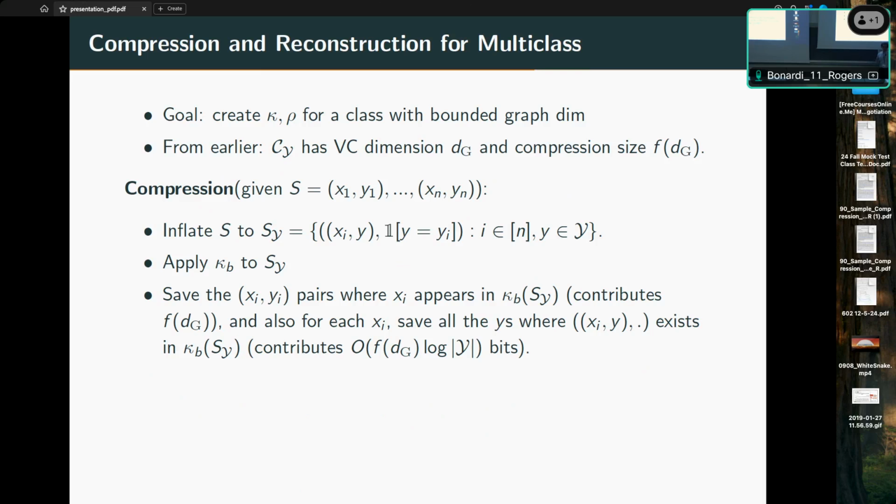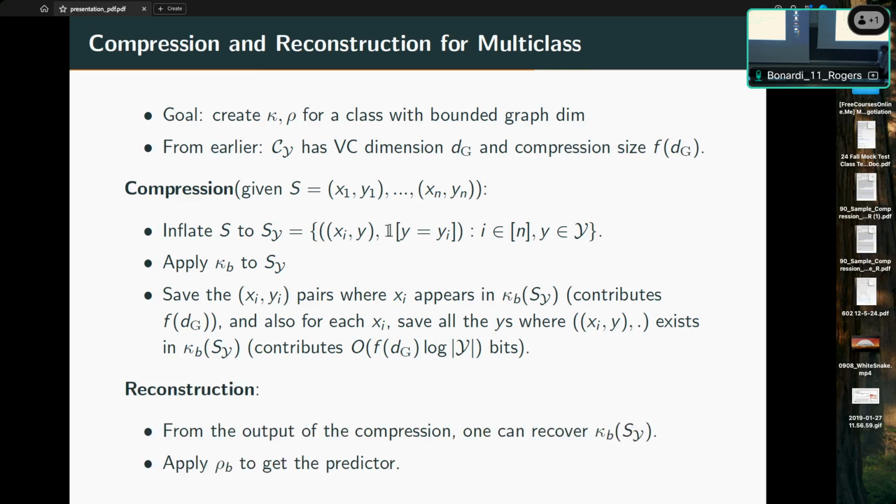So we can group the output of this compression into f of graph dimension groups. This corresponds to f of graph dimension points from our original data set. And then additionally, for all the labels, this will require log size of y bits. So this will give us a compression of size f of graph dimension times log y.